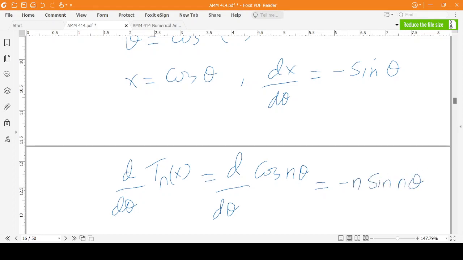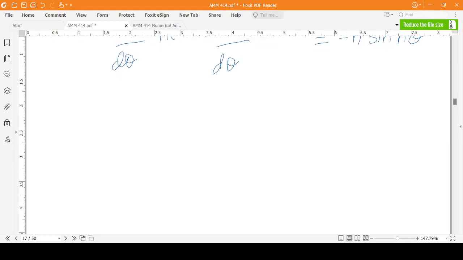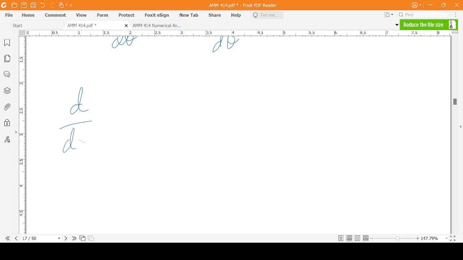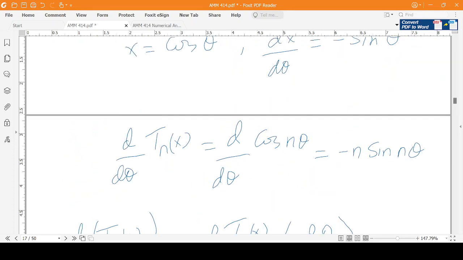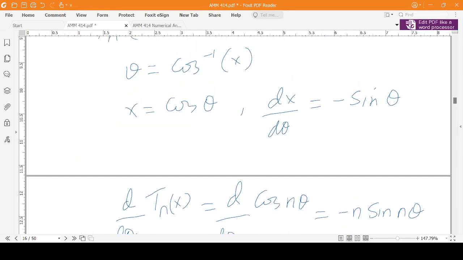Then we combine these two. Remember that the derivative with respect to x of Tn of x, we can now write as the derivative with respect to theta of Tn of x times the derivative of theta with respect to x. Yes, this is the chain rule. But this quantity, we don't have it. We have the reciprocal of that, dx by d theta.